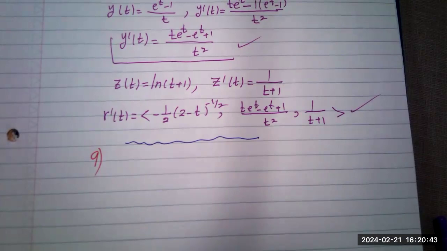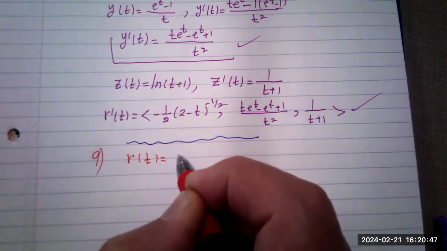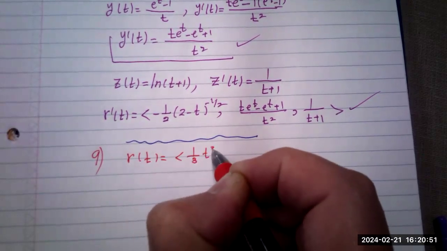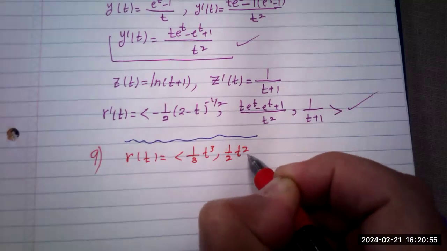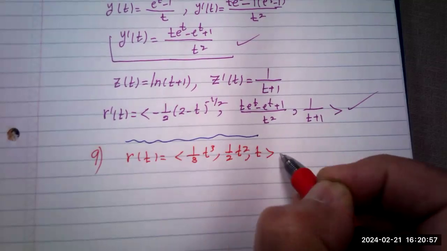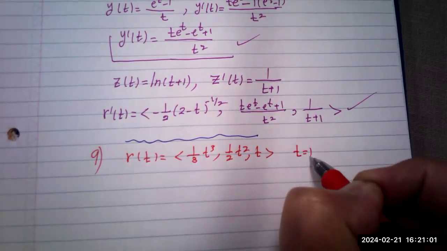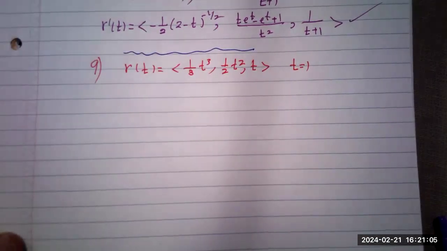So you have r of t equal to 1/3 t cubed, 1/2 t squared, and t. You want to find the unit tangent vector at t equal to 1 and the unit normal vector at t equal to 1.